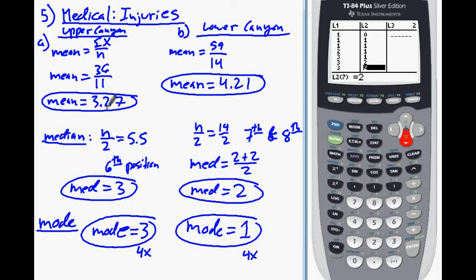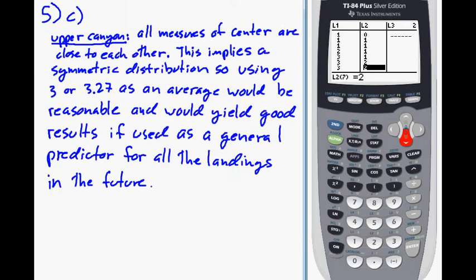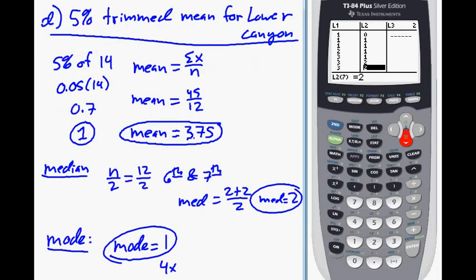It has come closer to what the mean for the upper canyon is. So what that's telling me is that we have some extreme values, which is throwing off the mean. Doing that trim definitely affected this mean a fair amount.